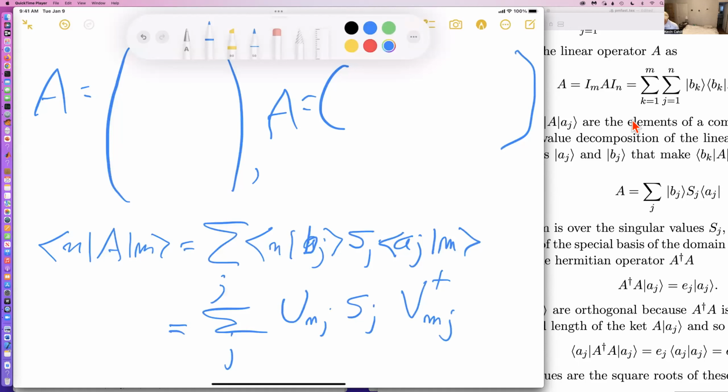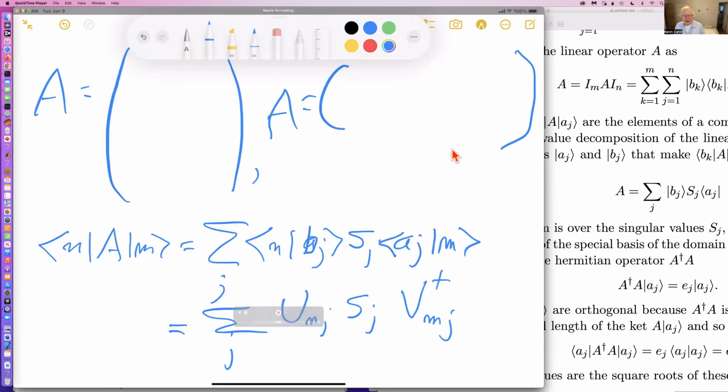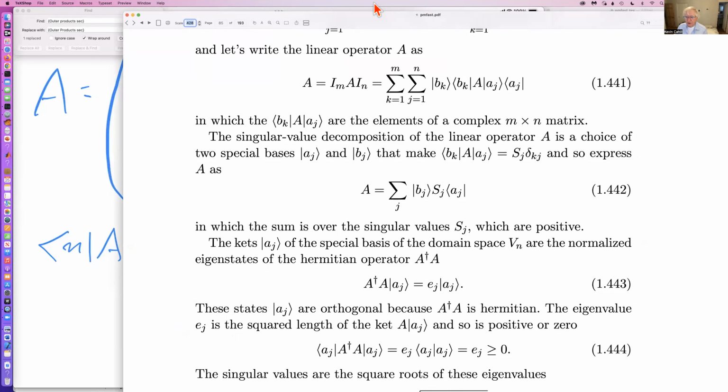Is that V dagger JM? VM. You know, I think this is probably right. Or, well, it depends on what we mean by V. So anyway, that's how these things work.